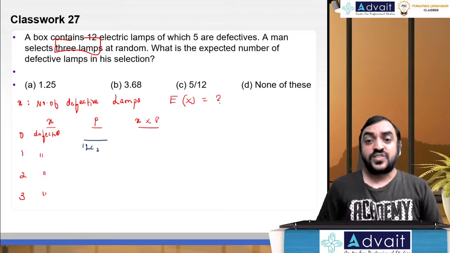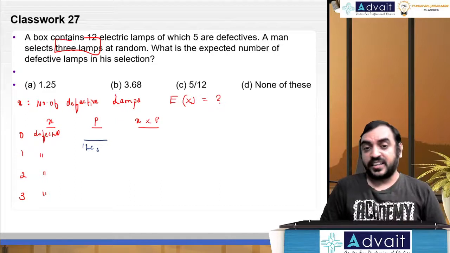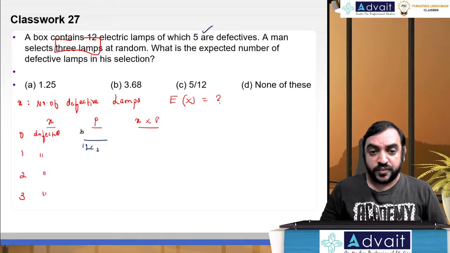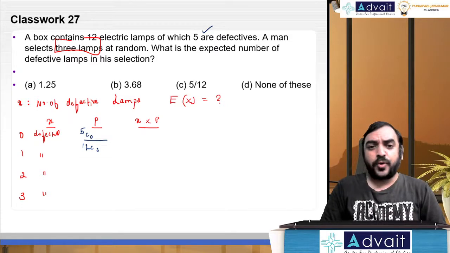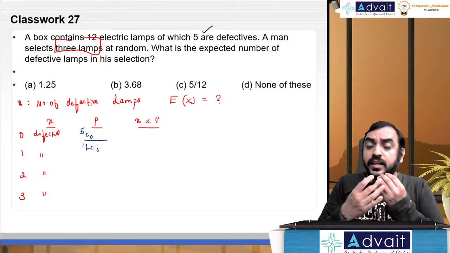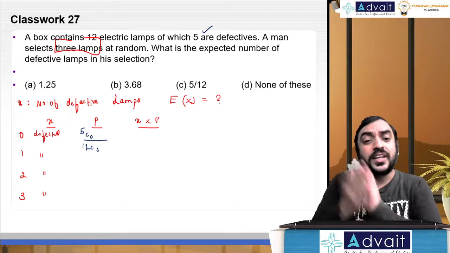Without any conditions, out of 12, you are selecting 3. And what do you want? 0 defectives. How many defectives are there? 5 defectives. So it's going to be 5C0. But you can't stop at that point. You're selecting 3 and among the 3, 0 defective, which means what is the balance?